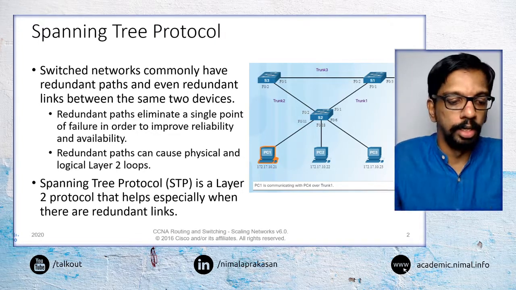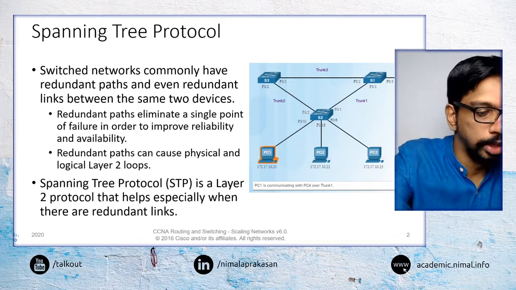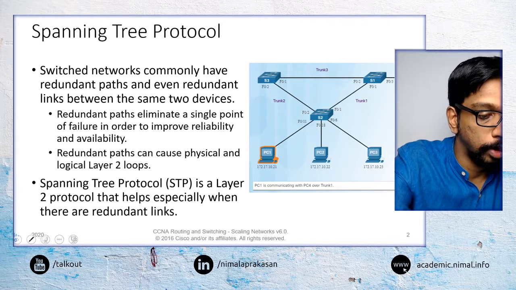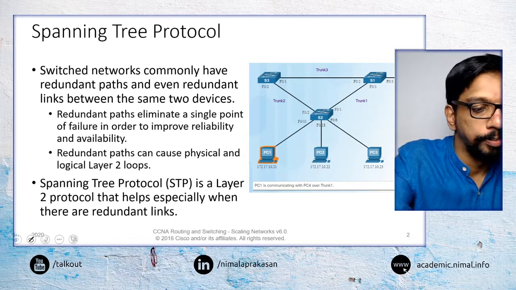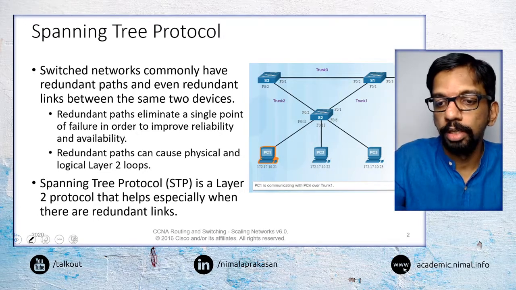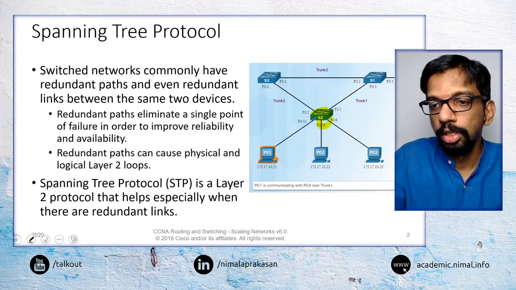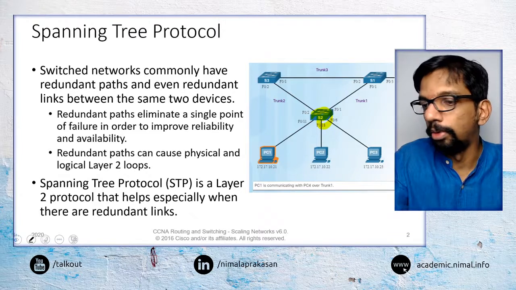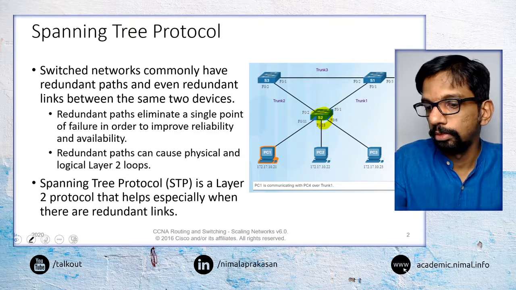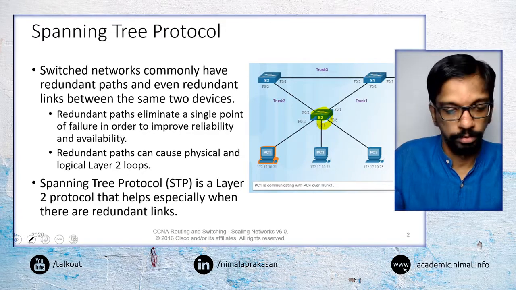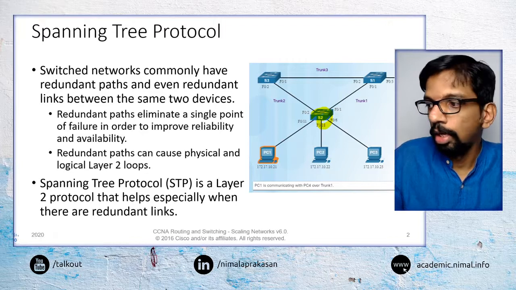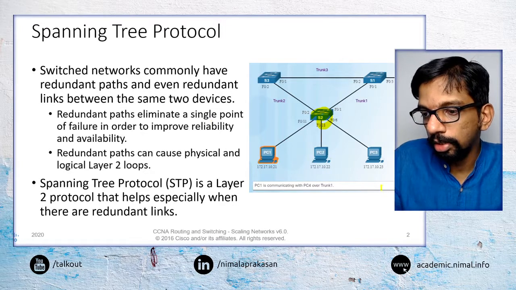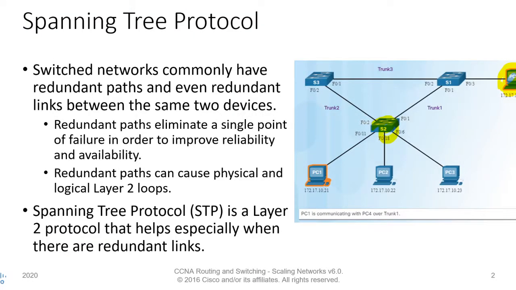For example, in the network that is shown in this diagram, say from switch 2 to reach PC4, or this particular device, we have a couple of different pathways.